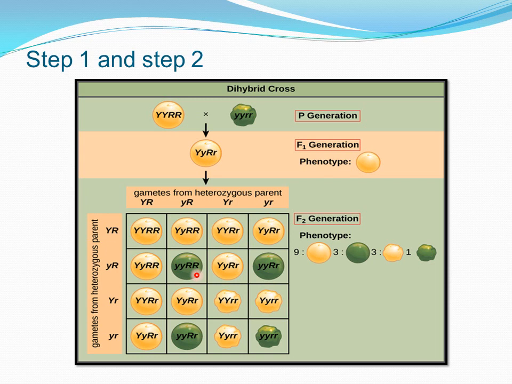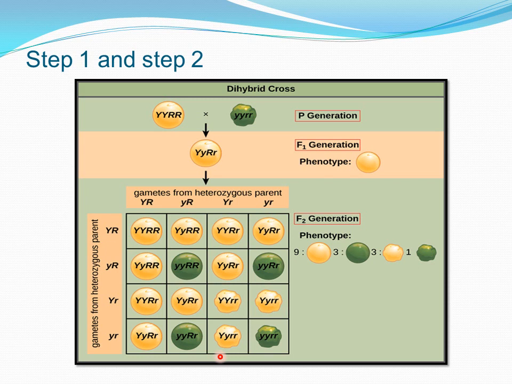But the two new combinations that appeared were round seeds with green color, and wrinkled seeds with yellow color. These two combinations were new. It was not known that they would come out in the F2 generation or the second generation.